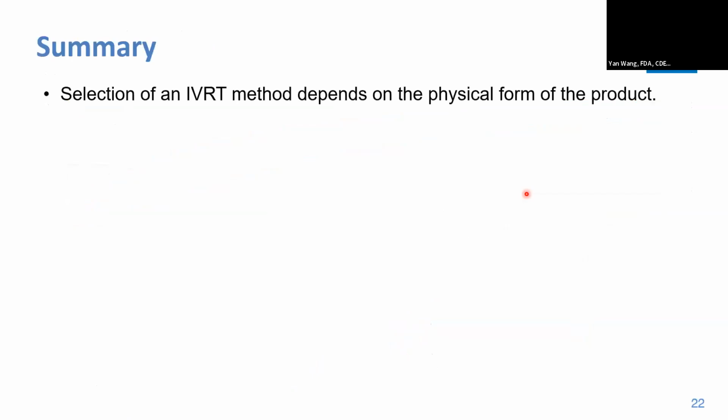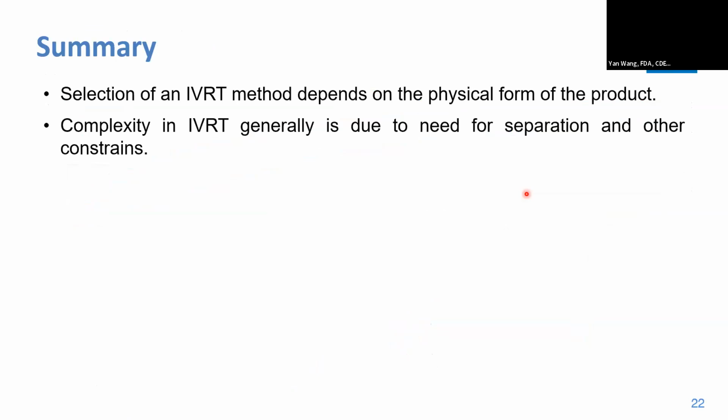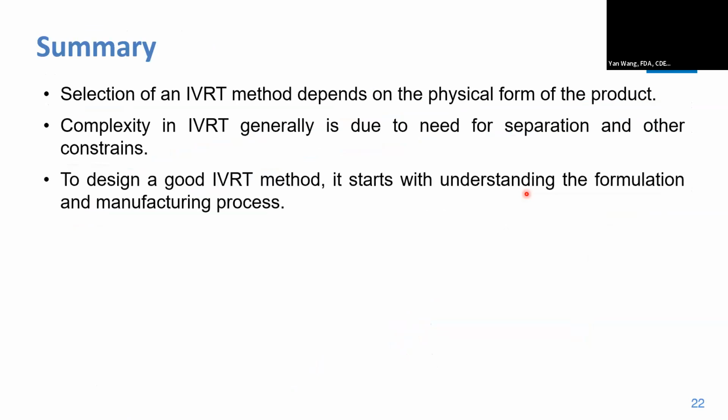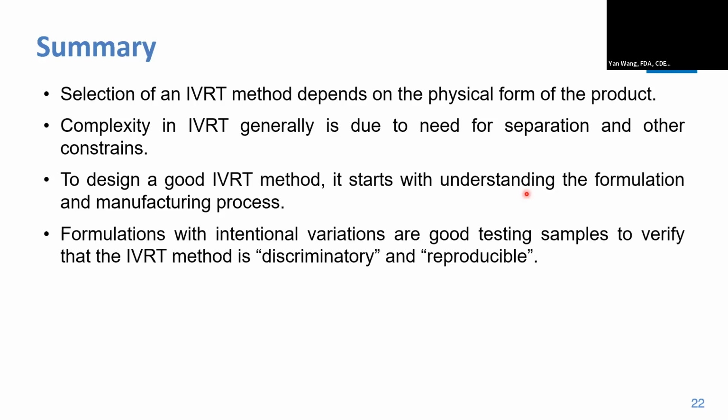So to summarize my talk, we think selection of an IVRT method depends on the physical form of the product, and complexity in IVRT is generally due to the need to separate and release the drug from other constraints. In order to design a good IVRT method, we really need a good understanding of the formulation and how the formulation is manufactured.